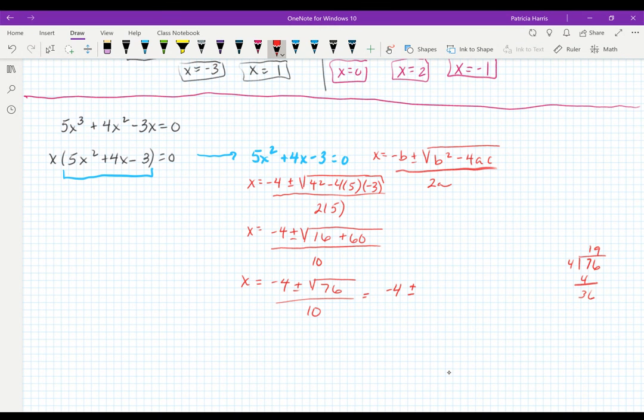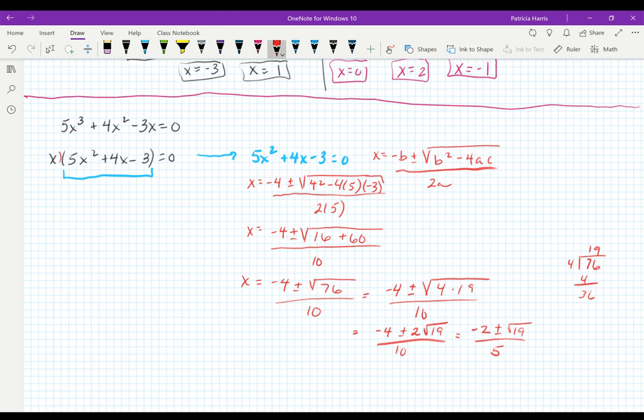Yep. So this is all just reducing. Okay, this is making your answer look kind of pretty. And then reduce it. Okay, so now you actually have your 3 answers.